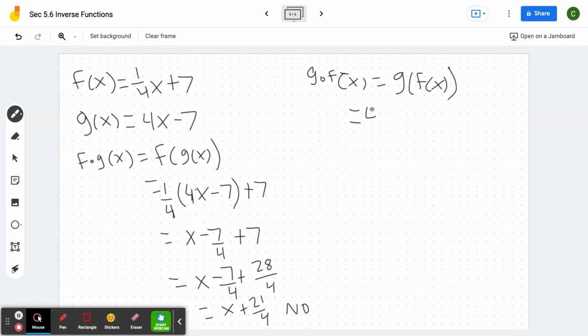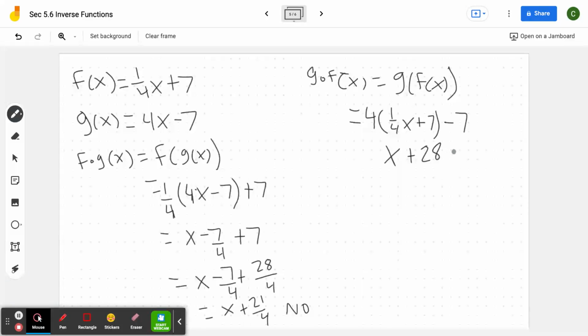So it's going to be 4 times 1/4 x plus 7 minus 7. And 1/4 times 4 is just going to give me x. 4 times 7 is going to give me 28. And then I have the minus 7 out here.